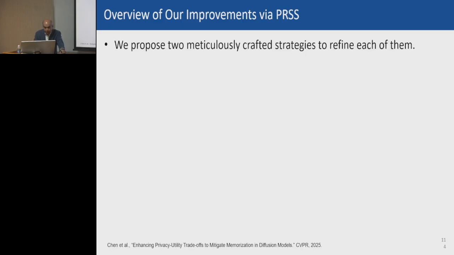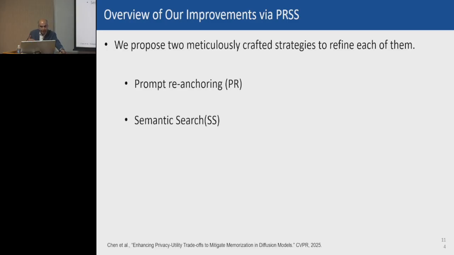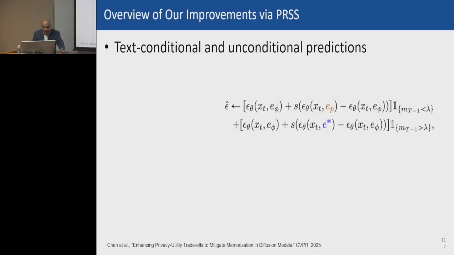So now we are going to use two new ideas. One idea is called prompt re-encoding. Instead of prompt re-engineering, we'll re-encode that, and the other is called semantic search. So we are going to search for a prompt which is equivalent to the original prompt but a different prompt, and which will minimize this loss. Again, this is our text-conditional and unconditional prediction, as I've been showing you.